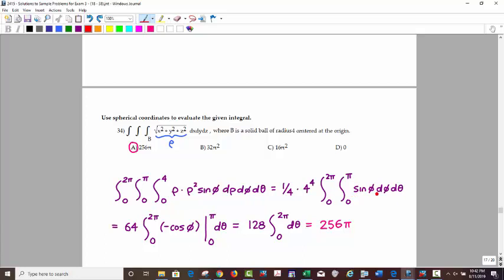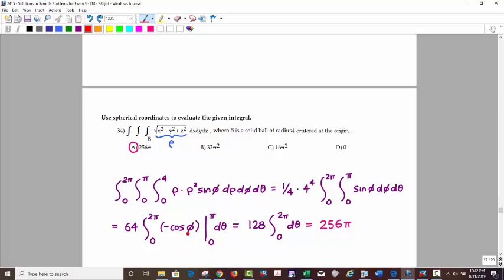And now we have to integrate sine phi, which is negative cos phi, from pi to 0. It looks like I didn't reverse the limits of integration for this one. I could have, but it's okay.